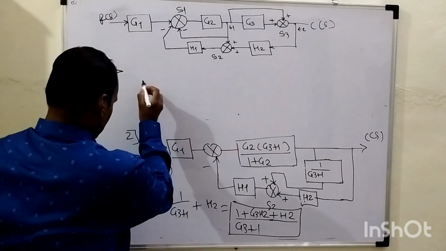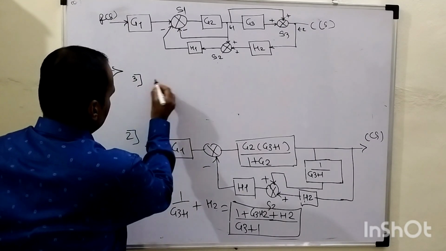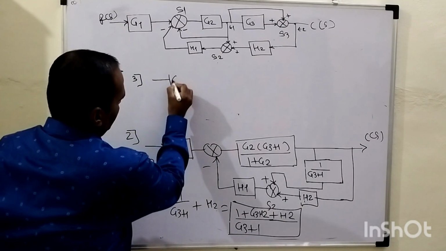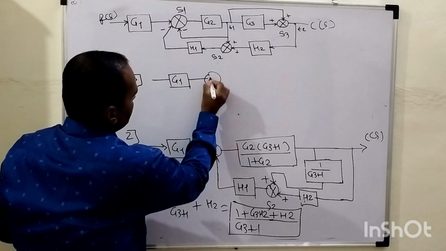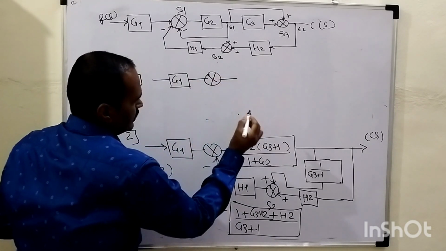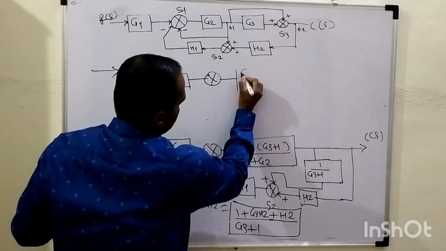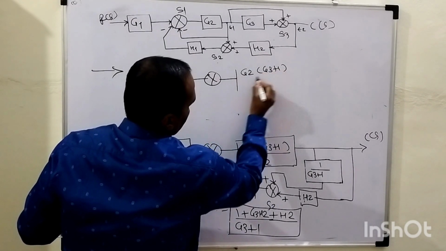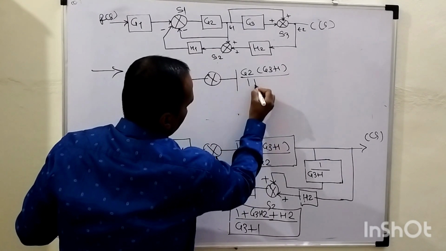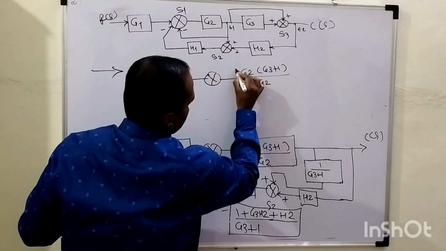So here I will draw step number 3. Remaining parameters will retain their position as they are. This will be G1. This is our summing point number 1. This gain is nothing but G2 into G3 plus 1. Its denominator will be 1 over G2.